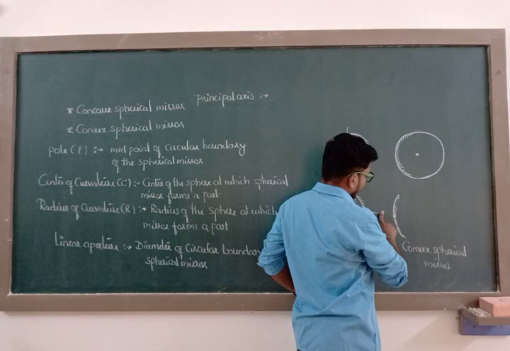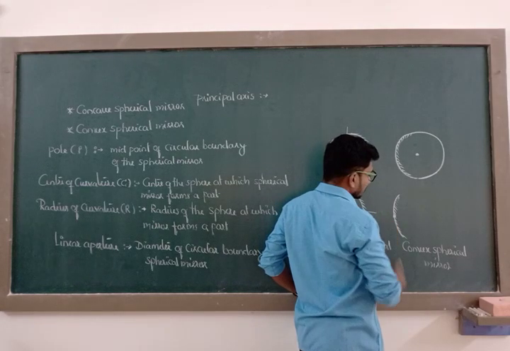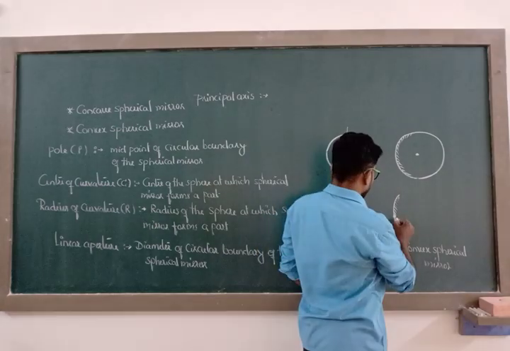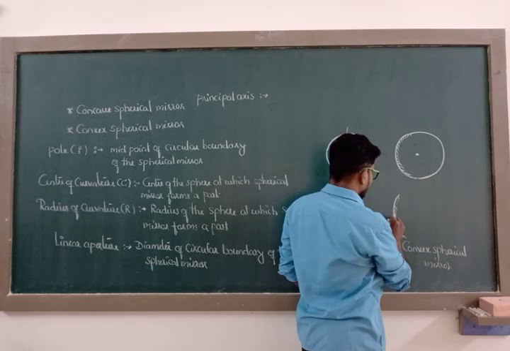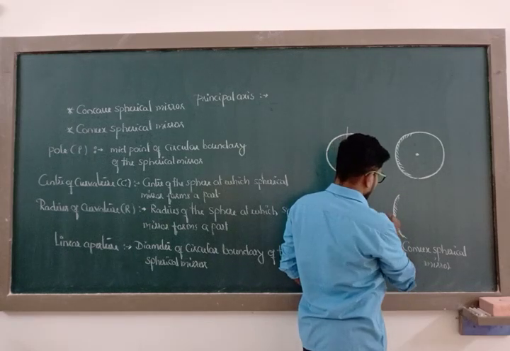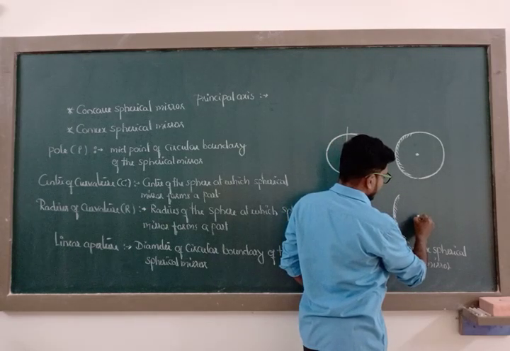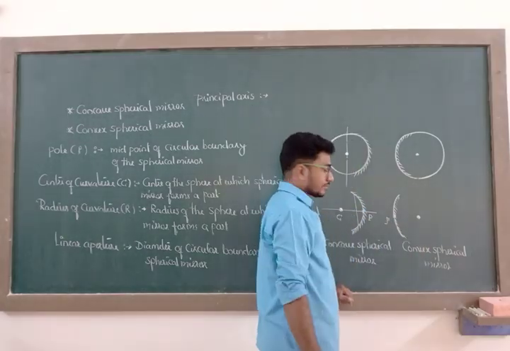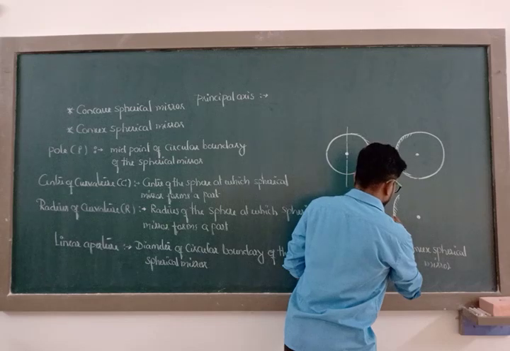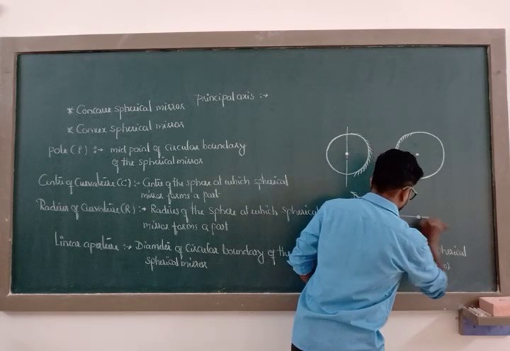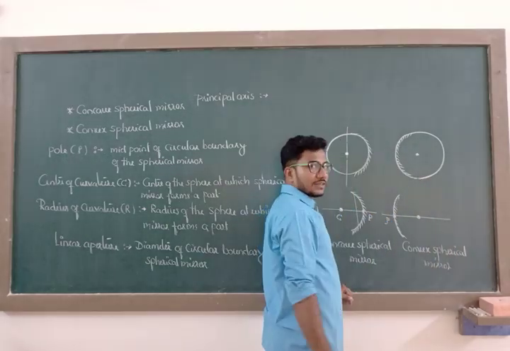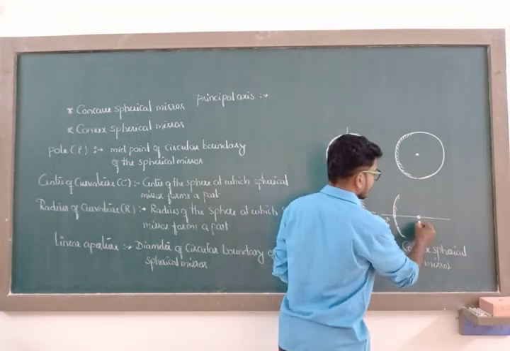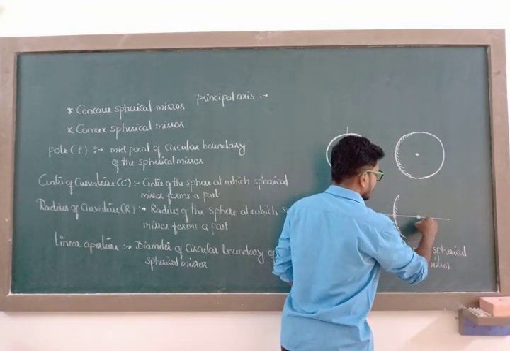Similarly, in case of this convex spherical mirror, so this point be the pole of the spherical mirror. Let us say this point be the center of curvature. The straight line passing through pole and center of curvature, this straight line is known as principal axis.